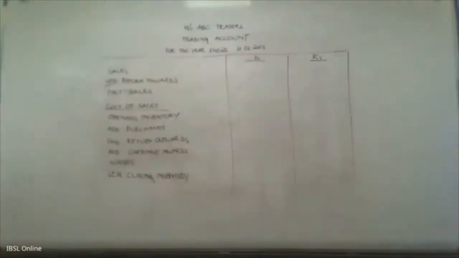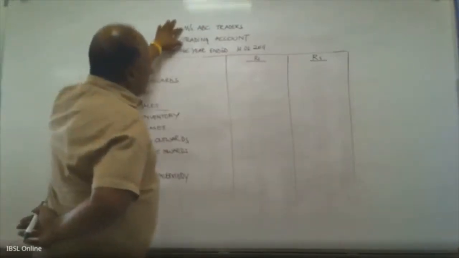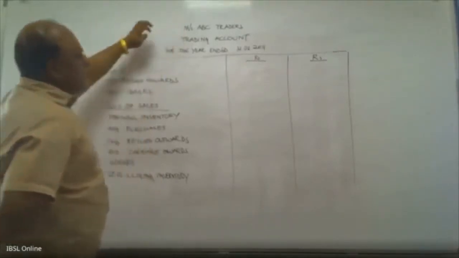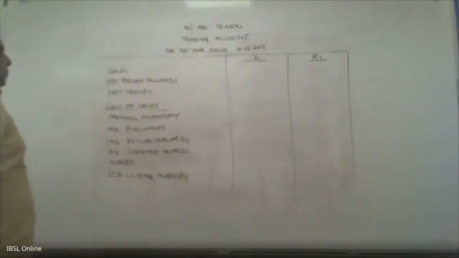This is how it would look. If you are getting a question in the examination, this is how you should do it. That is, the company name has to be at the top. Then what is the item that you are preparing? You are preparing the trading account. So you have to say trading account. Then you have to say for the year ended 31st March 2011. That is the period that they are asking about.